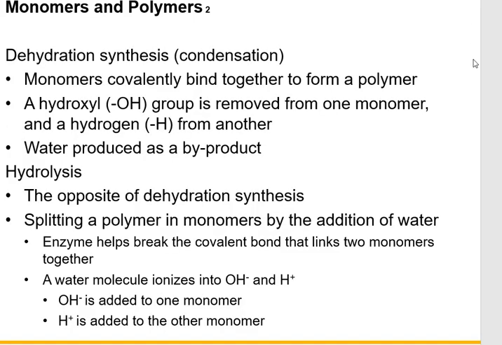This slide and the next slide are going to show you dehydration synthesis and hydrolysis, which breaks things up. So I mentioned that water can dissociate, and you can have hydrogen, and you can have the hydroxyl, the OH group.